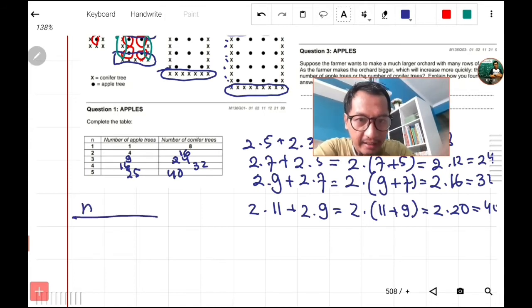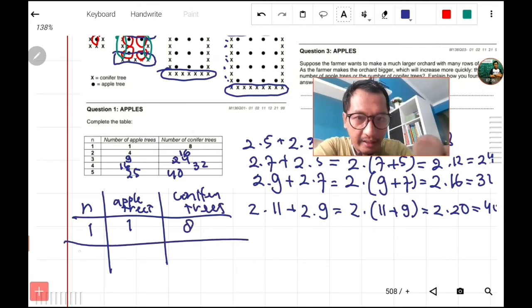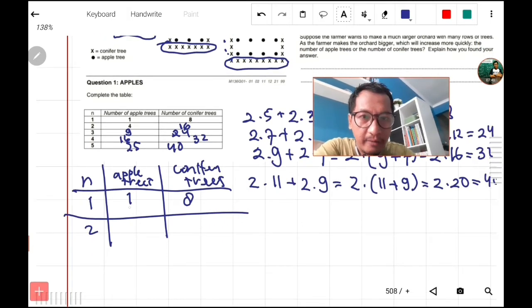Let me rewrite this. When n is 1, the number of apple trees is 1 and the number of conifer trees is 8. When n is 2, the number of apple trees is 4 and conifer trees is 16.